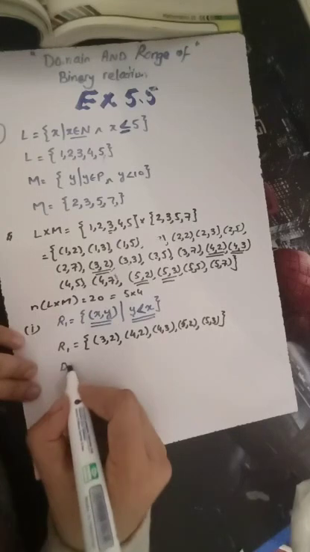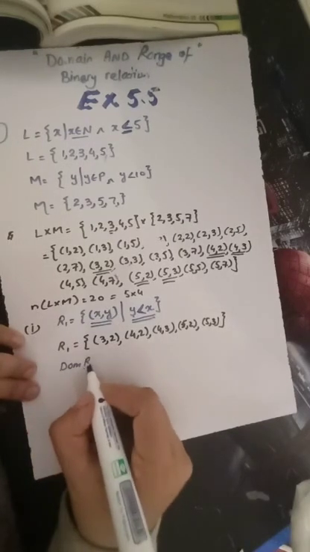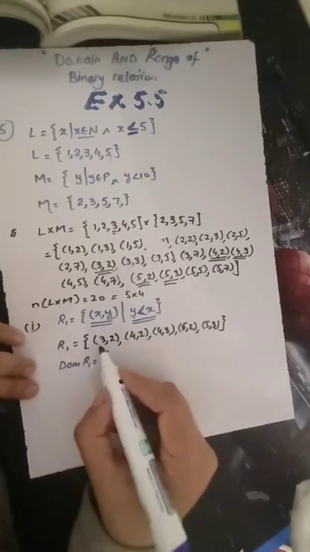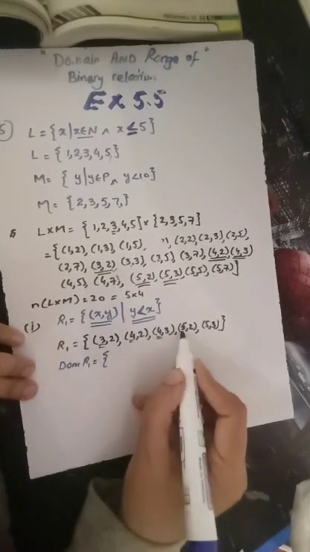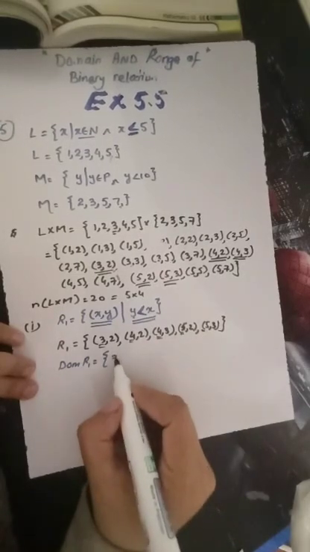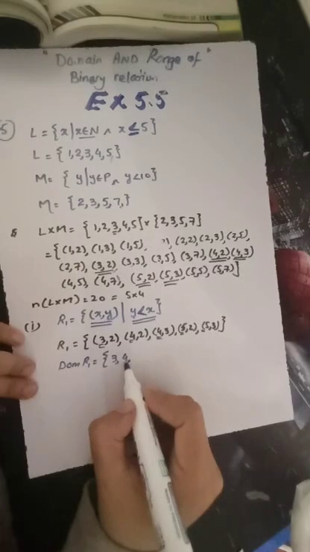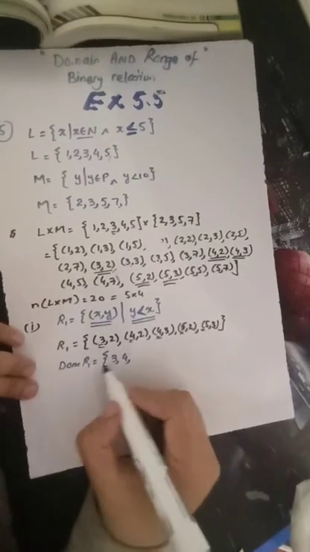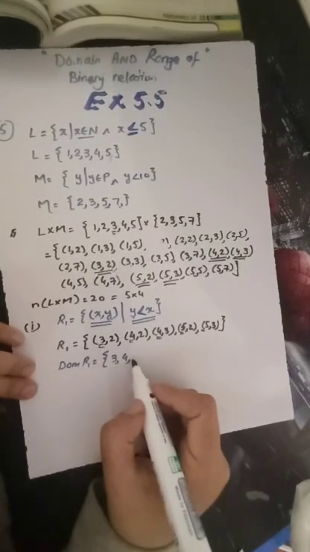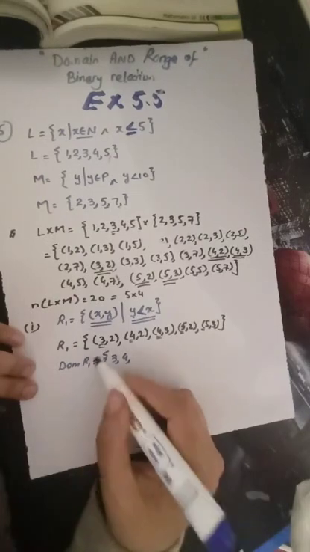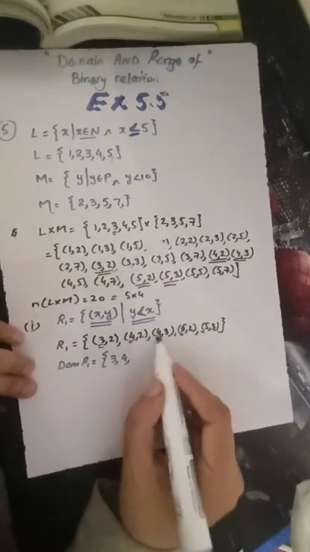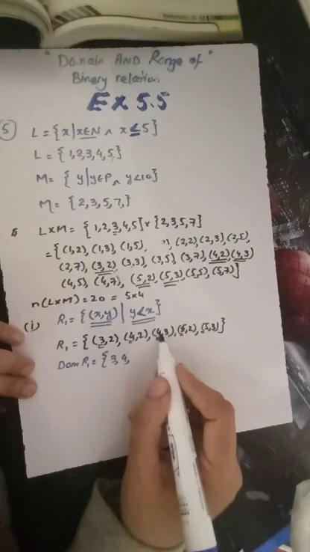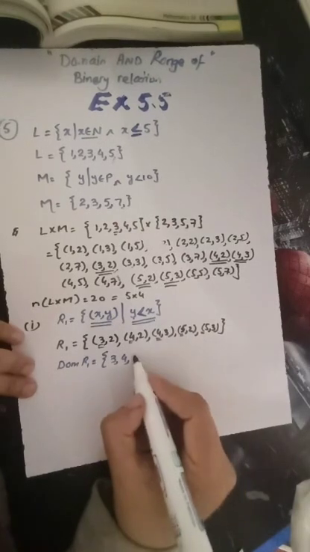Domain of this R1 will be the set of the first elements that are used to form this binary relation. We know that 3 and 4 are used. Don't write 4 again, because a set contains distinct elements and domain and range are sets. So I'm going to write 4 just once. And again 5.